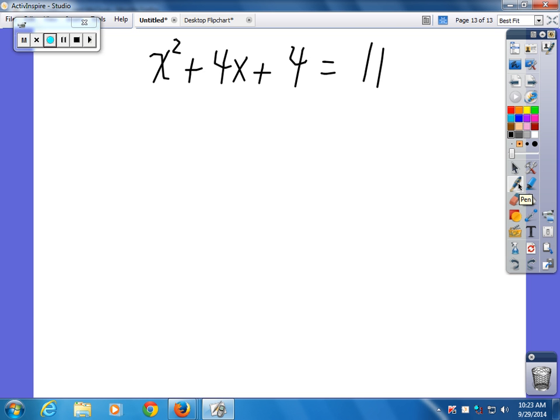Which shortcut are we going to use? Number 1, because it's a positive. So what is this? x plus what? 2, quantity squared, is equal to 11. And at this point, you have your vertex.